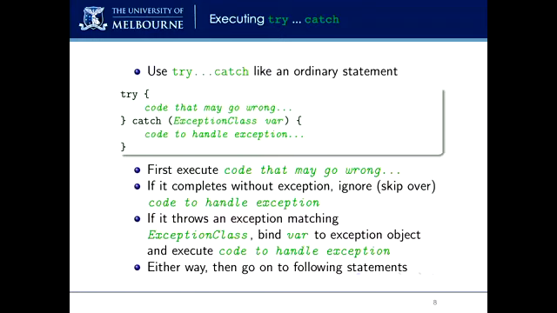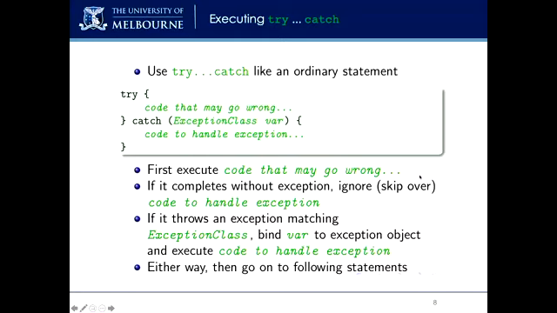Now, the code that could go wrong, again, if you write a try-catch code and it doesn't throw an exception that matches the class that you have, then it will just throw the exception to wherever it was called from, and that will enable the calling class or the calling method to deal with the error that you're facing.